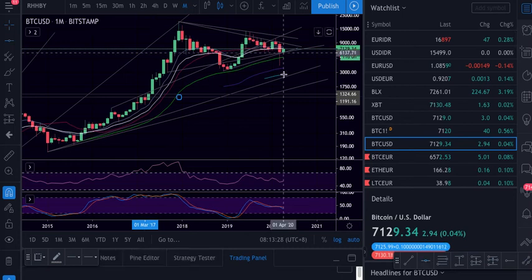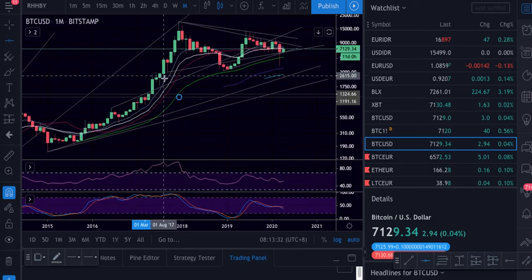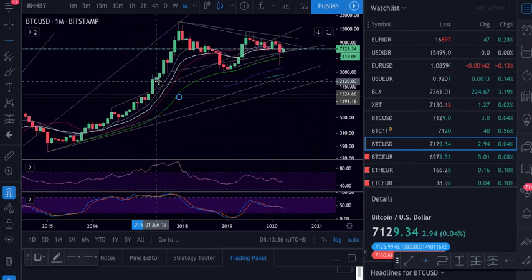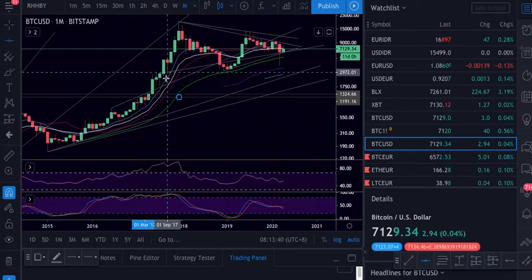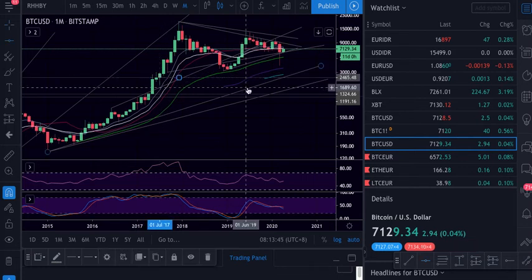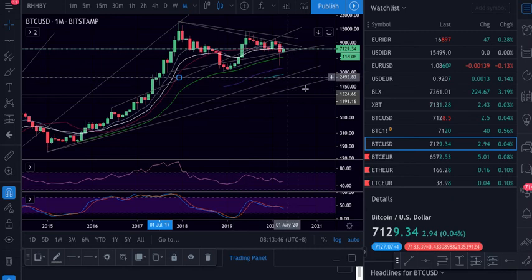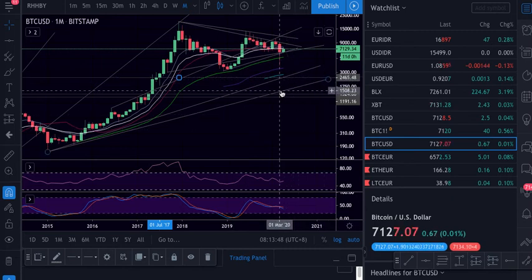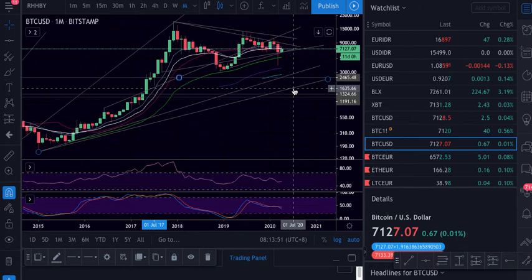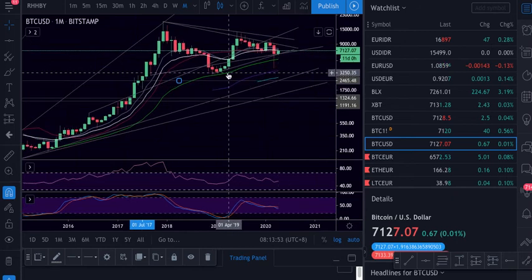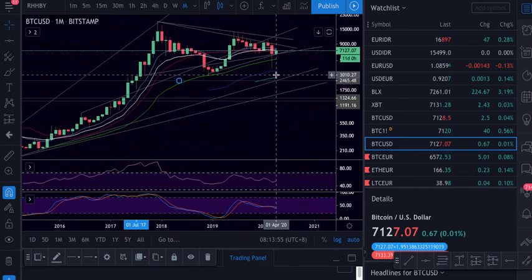We have the moving averages that could be around here, for instance, or this area here. We don't know. This one was tested. Could be this one which wasn't tested. This area here is where I see big buy orders. And then we have the bottom and the moving averages, which are important.